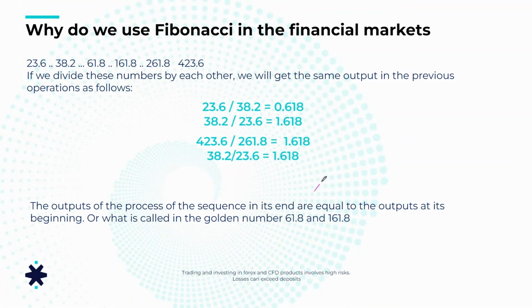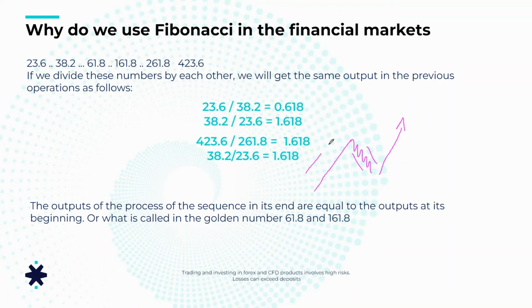If the market is going upward, and the market comes in the negative, opposite direction, it means this is the continuation, and it is telling us the market has more potential towards its direction. So that's why we use Fibonacci in our financial markets.